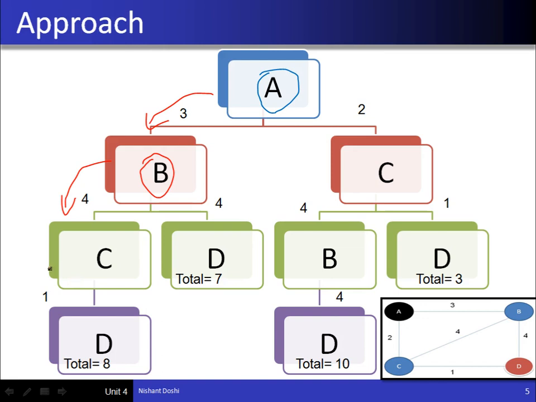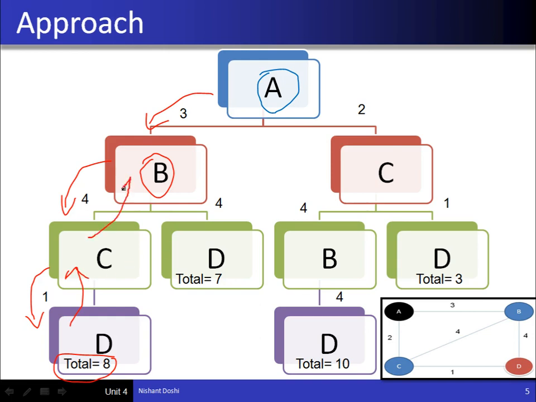Now C to D. There is a path from C to D, and if we take this path, 3 plus 4 plus 1, the total is 8. We stop at D because D is our destination. Now we don't have to explore further, so we backtrack. C has no other sibling to be explored.